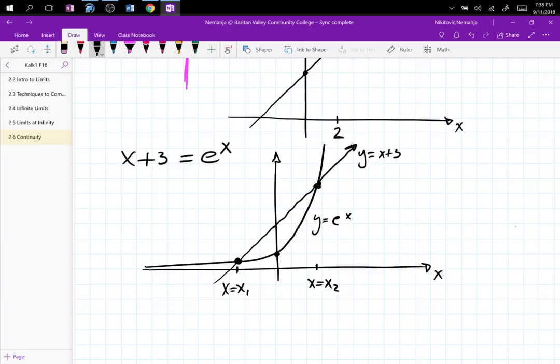Now, where are those solutions? That depends on the level of your OCD to draw this perfectly, which you cannot do on your garbage-lined paper. You need a square grid, and you need the ruler and all of those things, and then you can approximate.